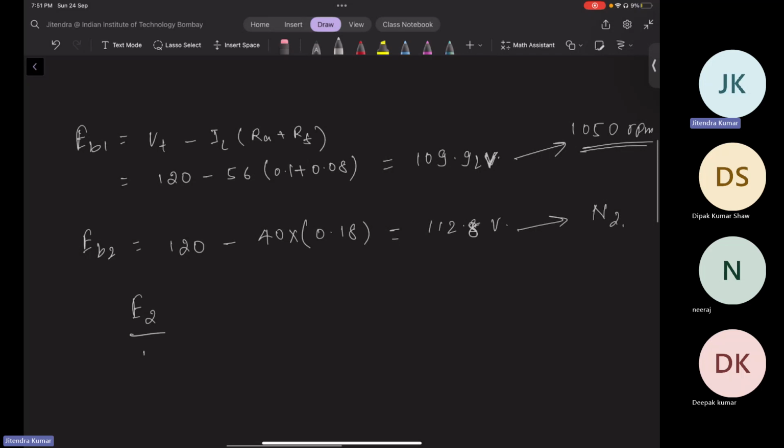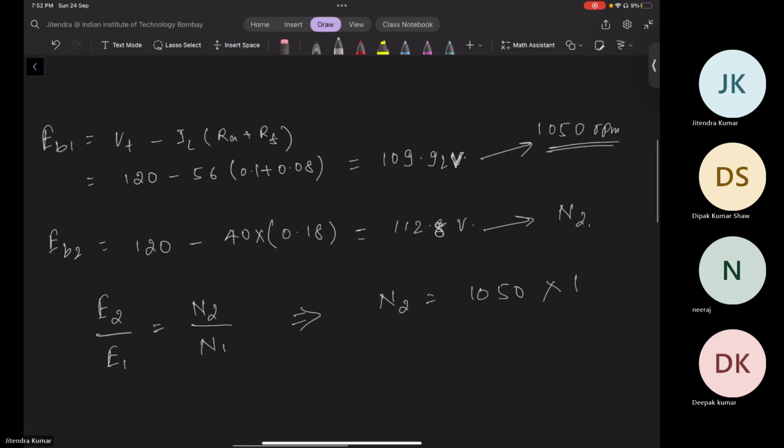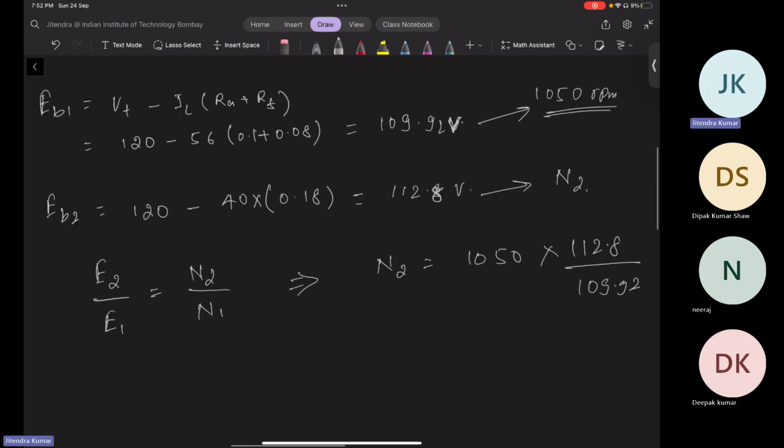So E2 by E1 is equal to N2 by N1. N2 will be 1050 into 112.8 divided by 109.92. How much will it be? Or are we doing the correct thing? First thing you should always ask, are we doing the correct thing? Then you let me know the answer.